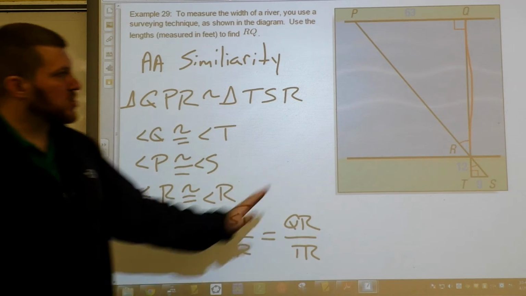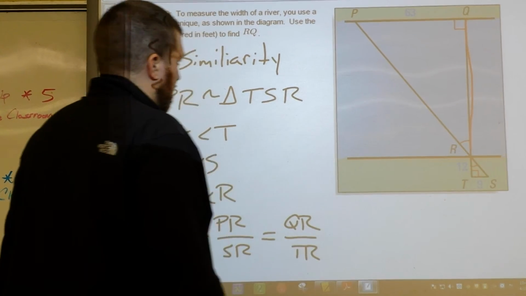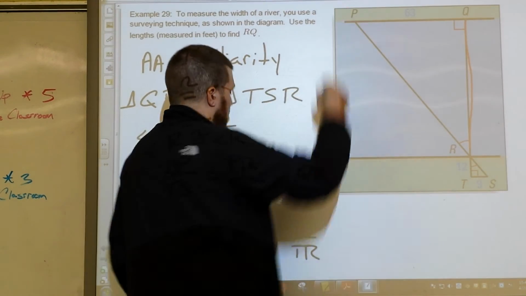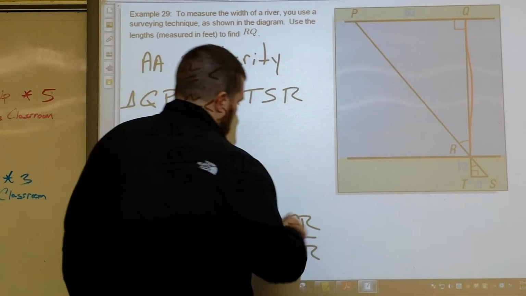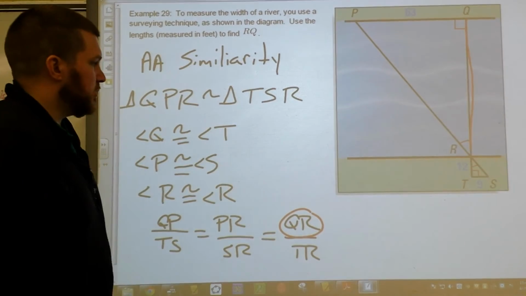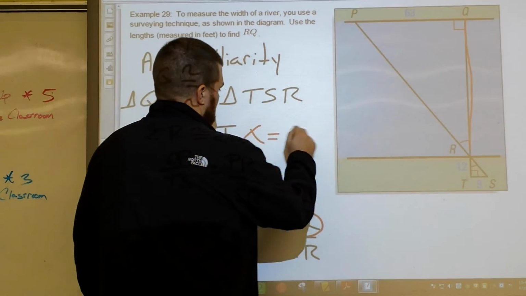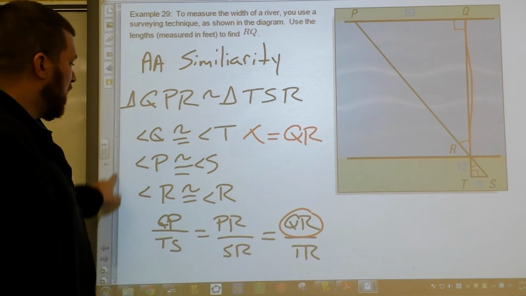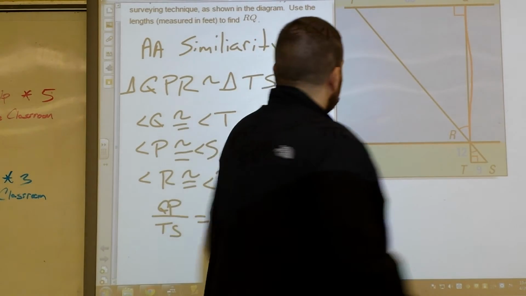Now I'm going to use the picture and plug in what I know using my side lengths. So I'm trying to find QR. So that's definitely one of the fractions I need to use. So QR is right here. That's my missing piece. And I'm going to say X equals QR. All right. Now I need TR, which is right here, is 12.